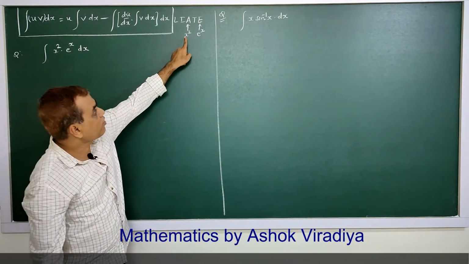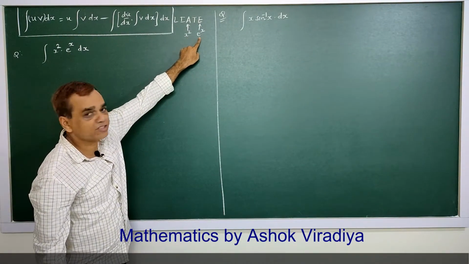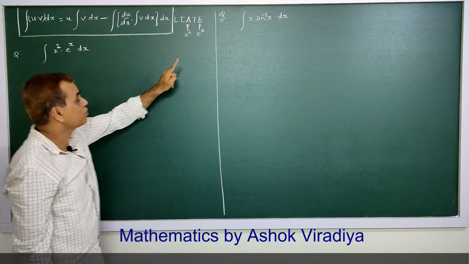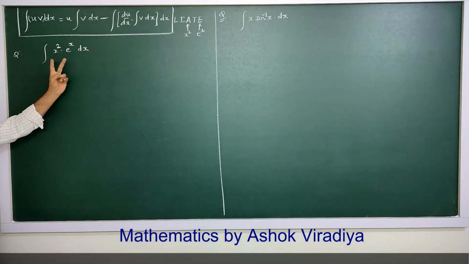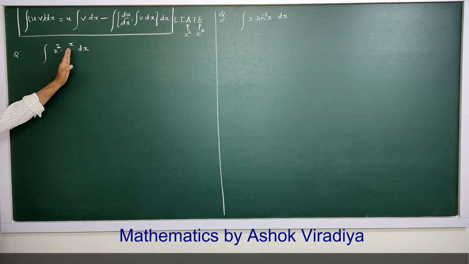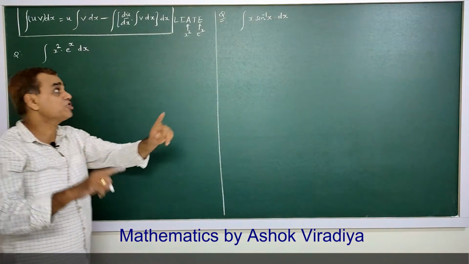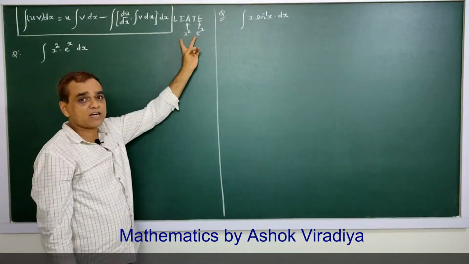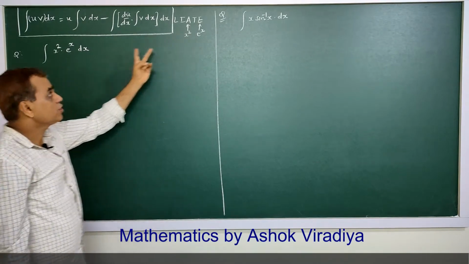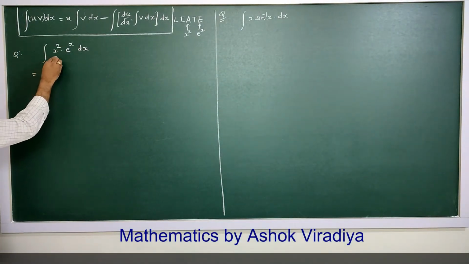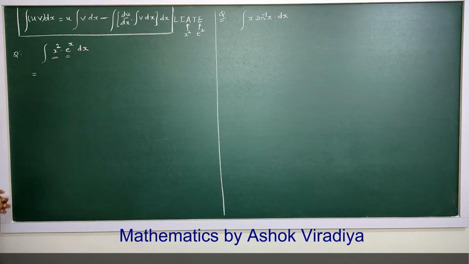According to LIATE, x square should be on the left side and e raised to x on the right side. U is the first function, v the second function, and they are already in proper sequence. Otherwise, if they were printed the other way round, you would have to rearrange them according to this sequence. So it is already properly given.